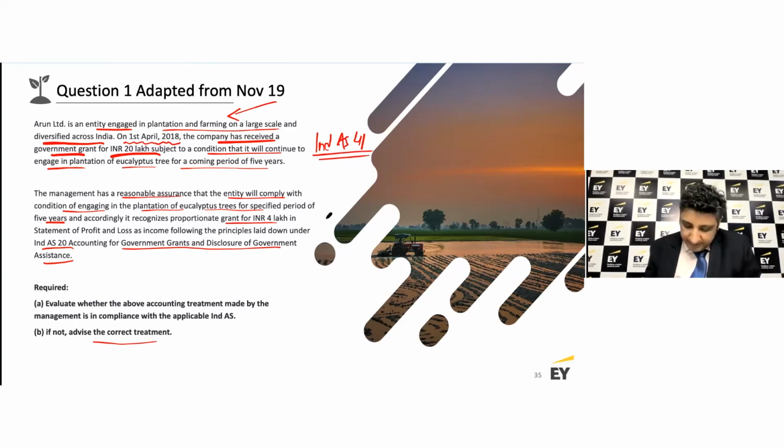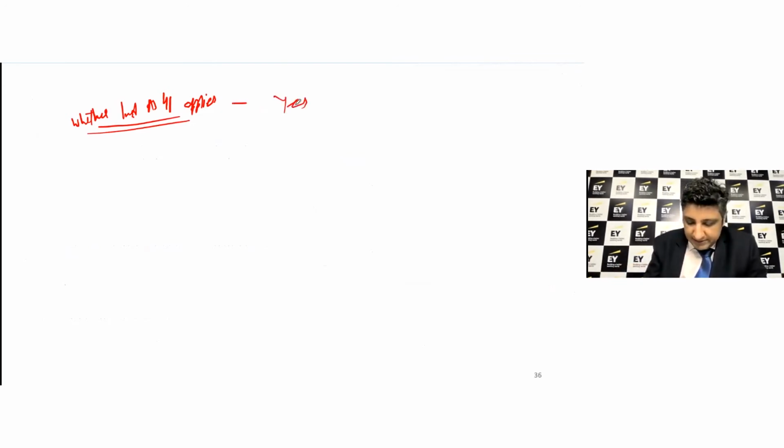So the very aspect of applying Ind AS 20 may not be appropriate on the face of it. Okay. However, you also want to consider that, first of all, whether, as we said, Ind AS 41 applies, that is whether the entity is primarily into agricultural activities or not. Very likely it is yes.